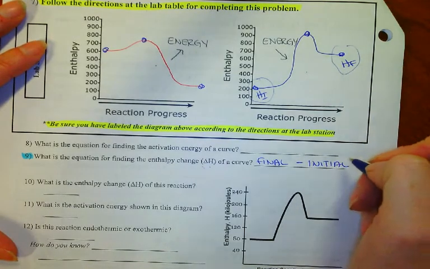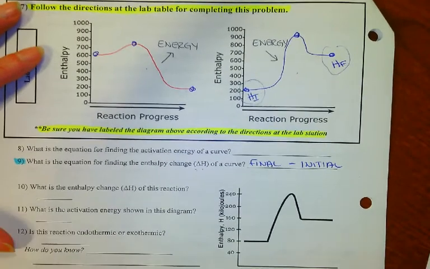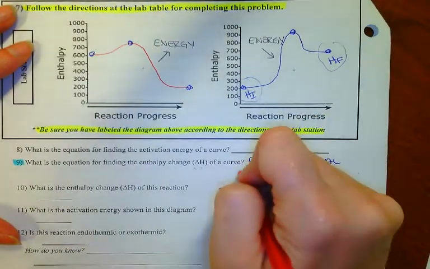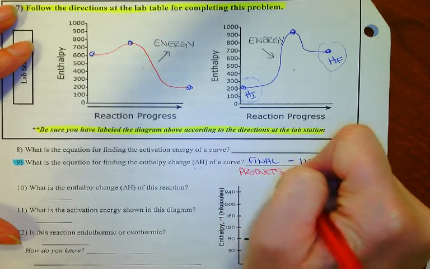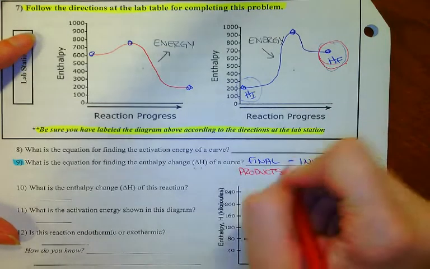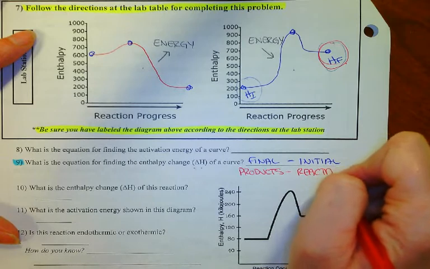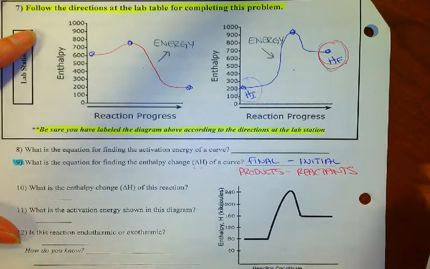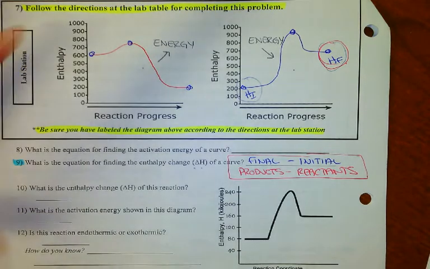But if we want to be a little more science nerdy, because we are, the more accurate way to say that would be taking the energy of your products, which is what that is, minus the energy of your reactants. Okay, so it's a good idea to know both of those things.